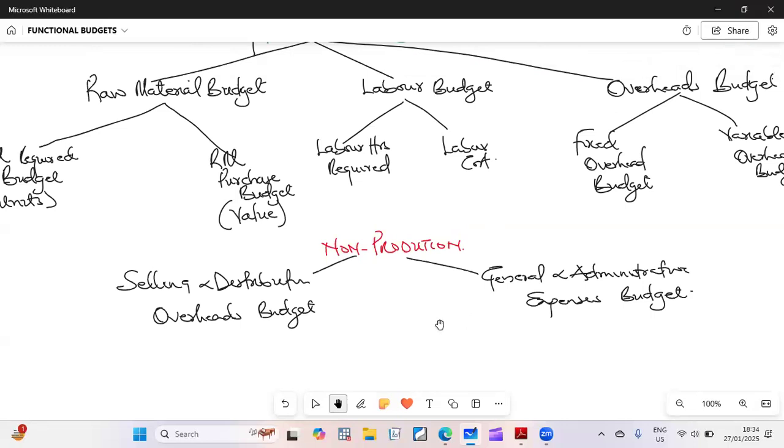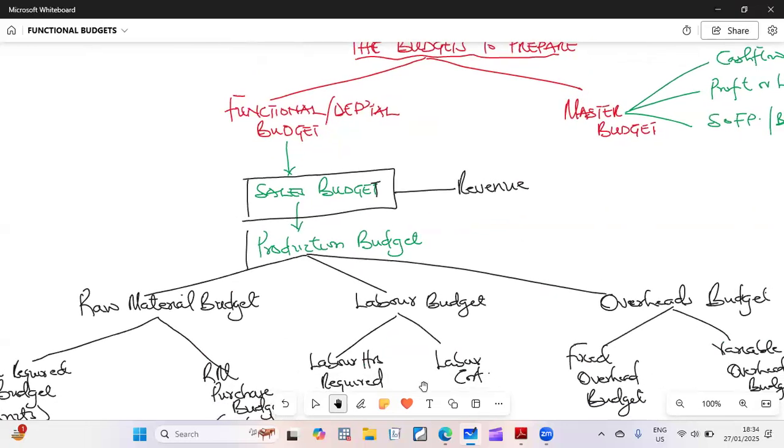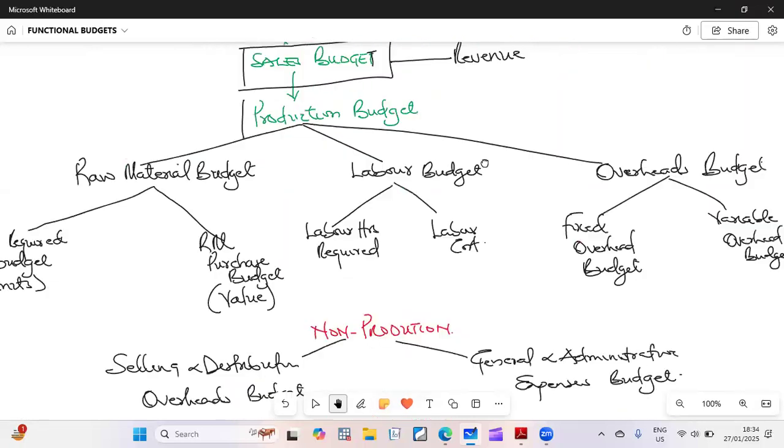So now let's start preparing. My objective for this lecture is to be able to prepare every functional budget. All right, and the functional budget starts with the sales budget. So let's start our class with number one, how to prepare the sales budget.